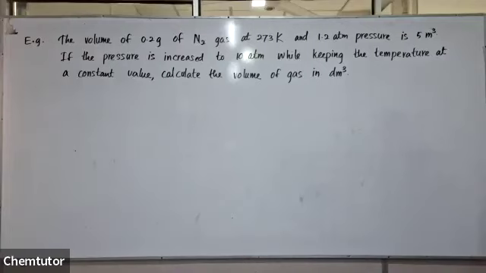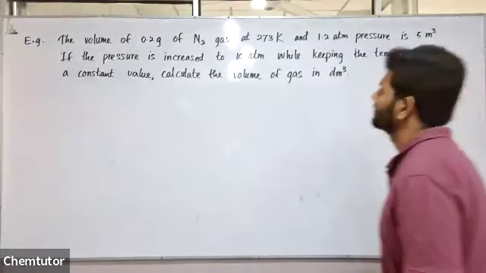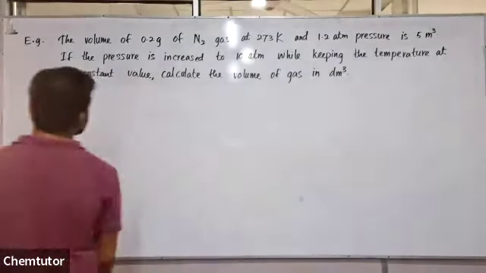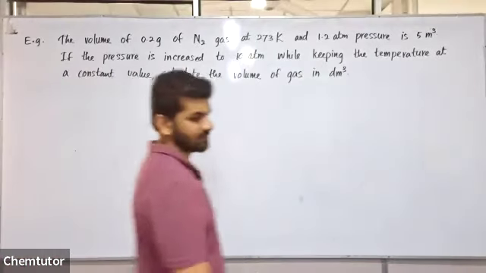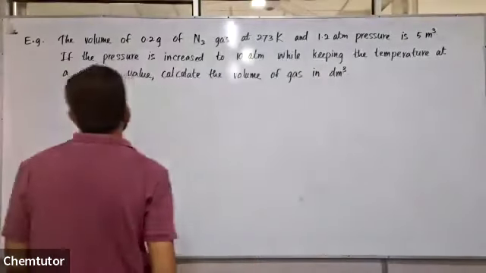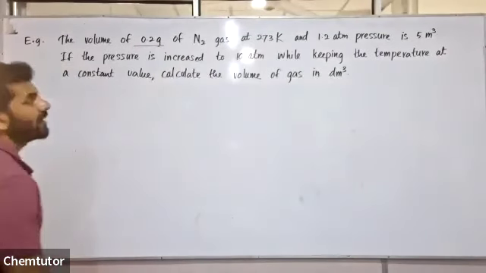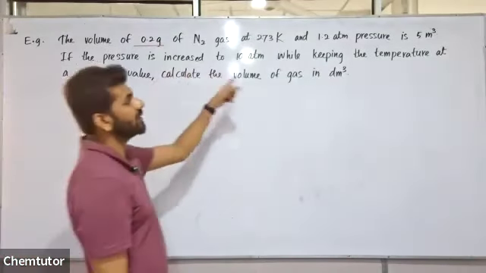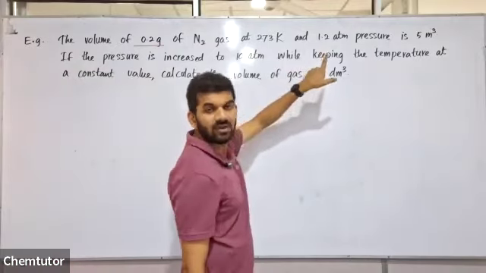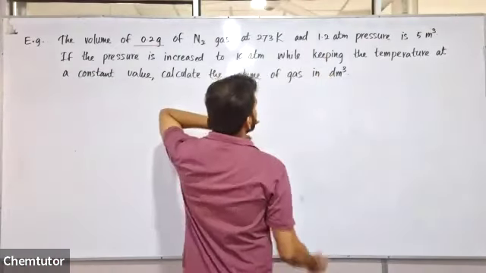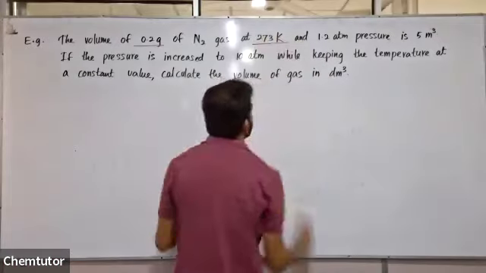Temperature and mass, meaning the amount of the gas. It says the volume of 0.2 grams of nitrogen gas, so there's no mention of any change in this mass. The temperature is also kept constant.